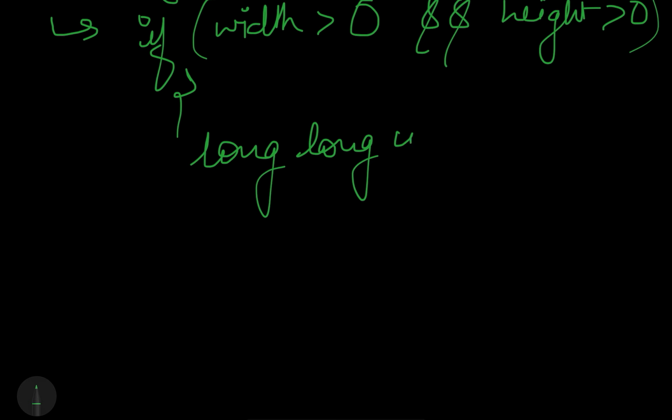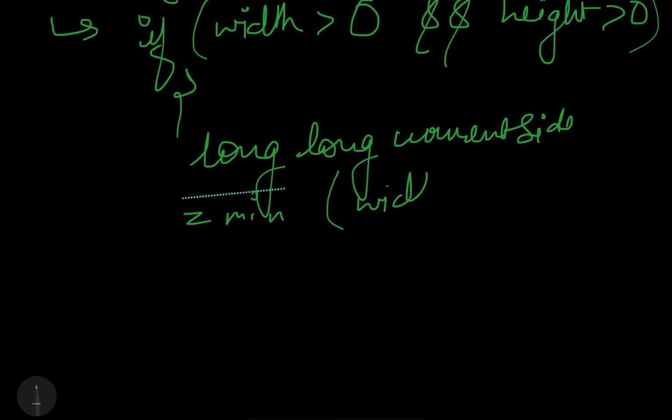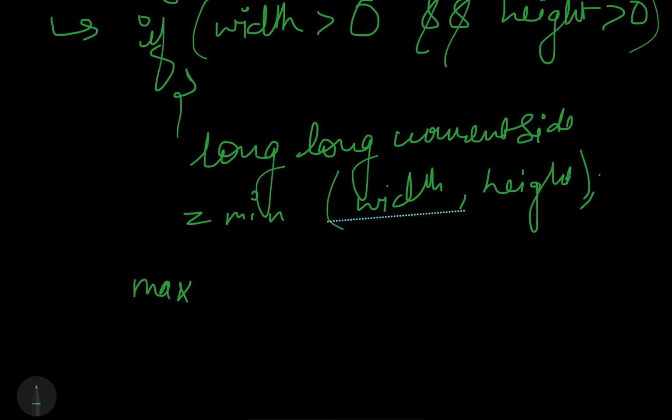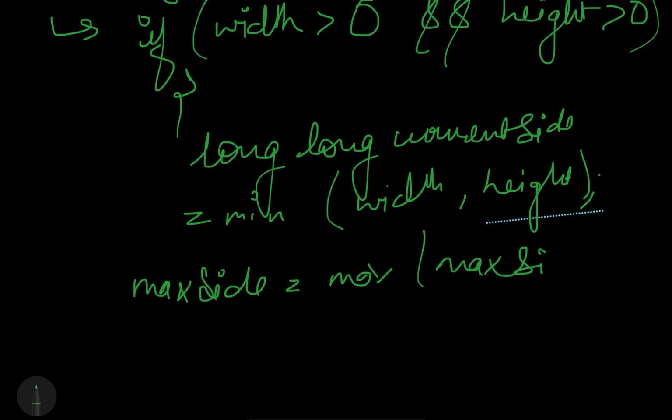We'll calculate the current side, which will be equal to, sorry, the minimum of width and height, and we'll update our max side, which is equal to max of max side comma current side.